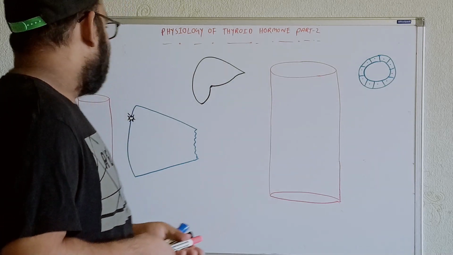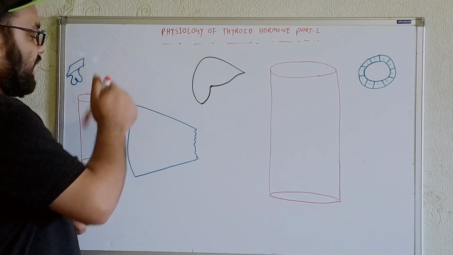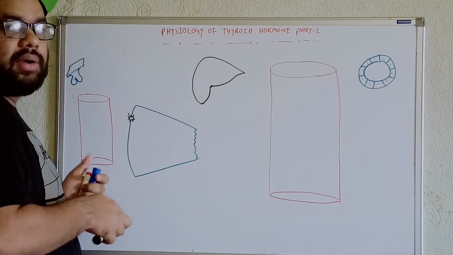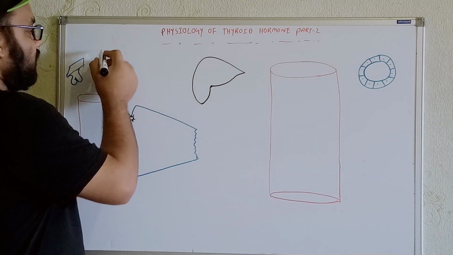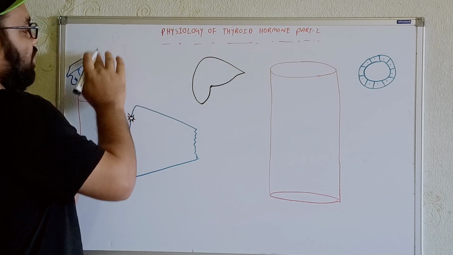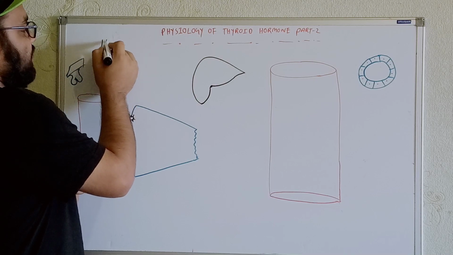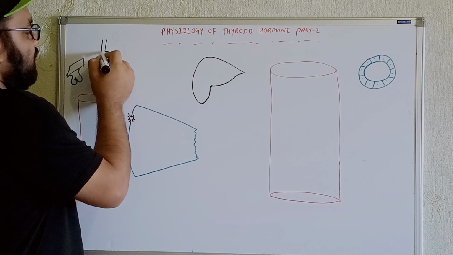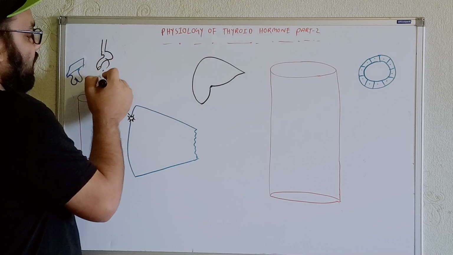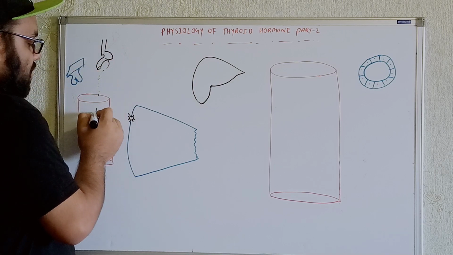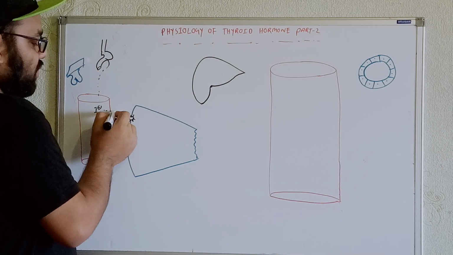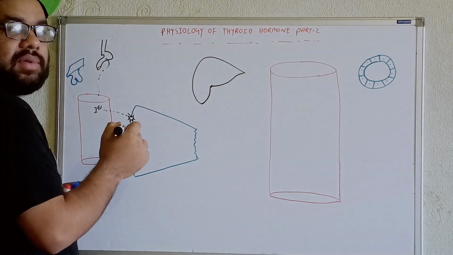Now see, in the part 1 video I already told you that through the diet you will get what? Iodide. As a quick recap, through the diet you will get iodide. It will come into the circulation, and from the circulation to the what? The iodide pump, which is active transport.